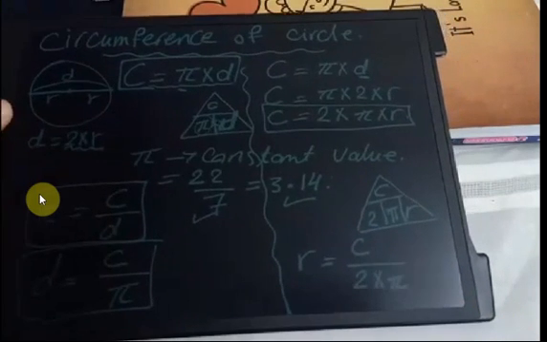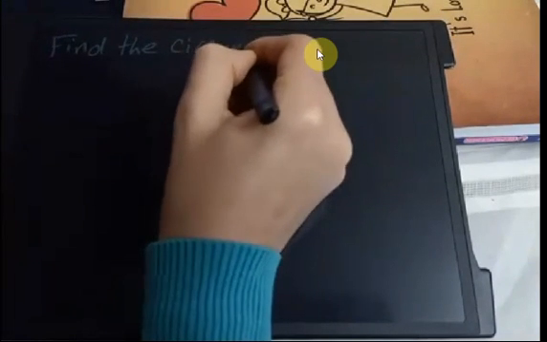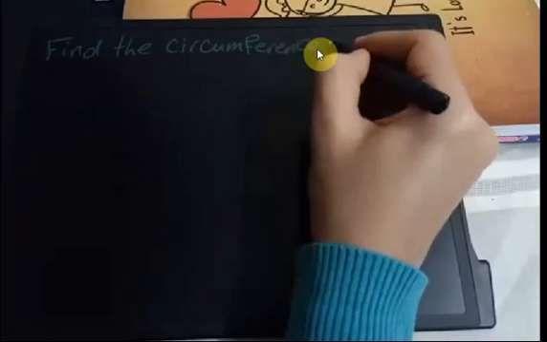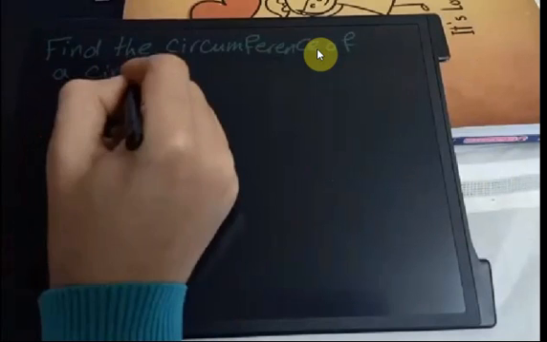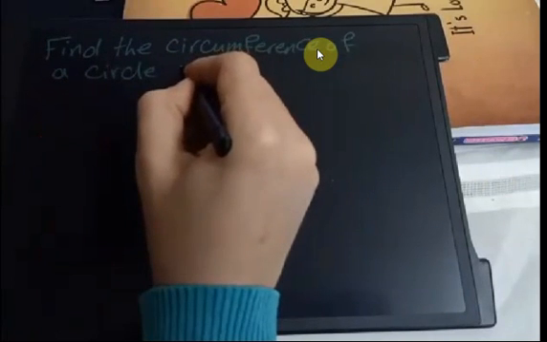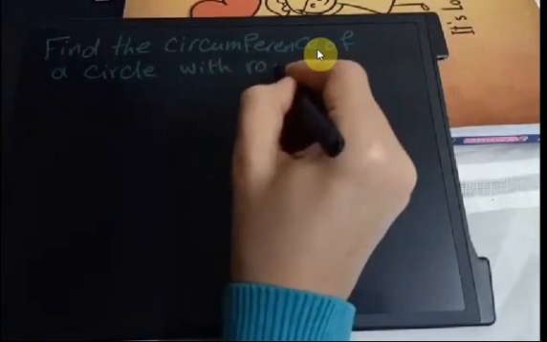First question here: find the circumference of a circle with radii.